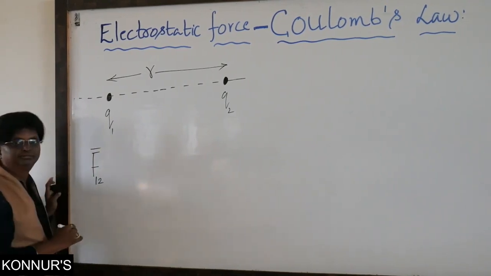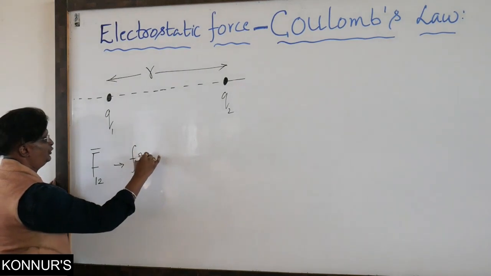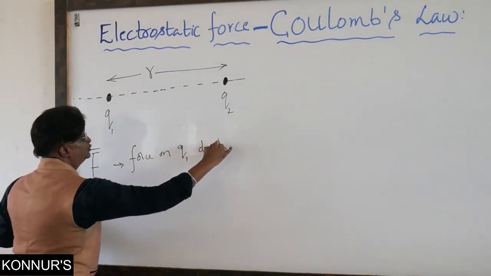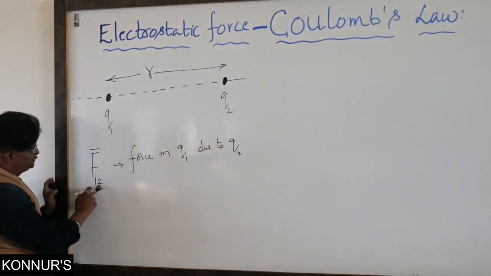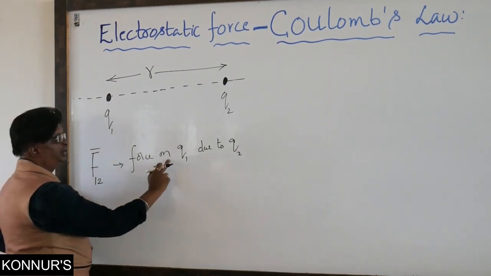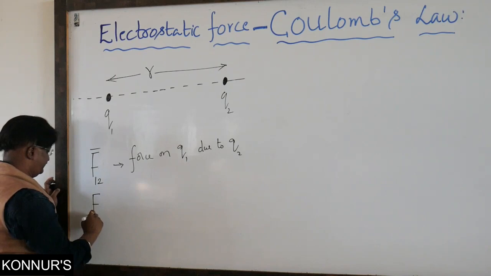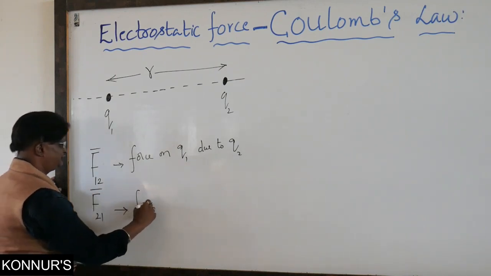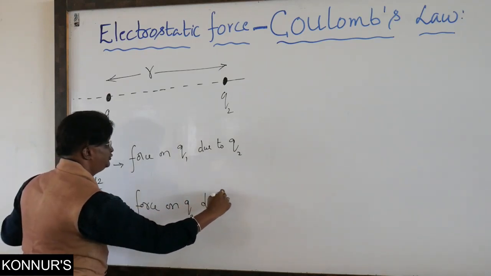F12 bar, what is the meaning of that? This is the force on Q1 due to Q2. See, look at this symbol, F12 bar, it means force on Q1 due to Q2. And similarly, F21 bar, another force, is the force on Q2 due to Q1.